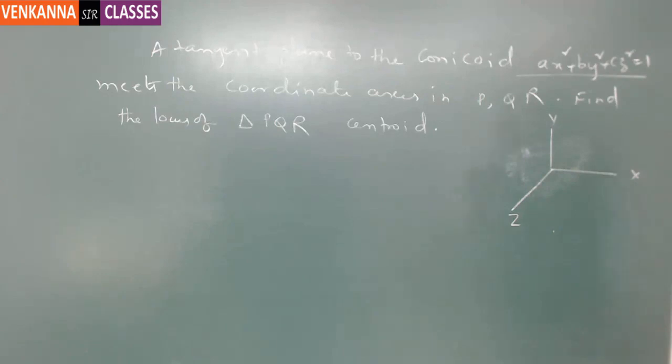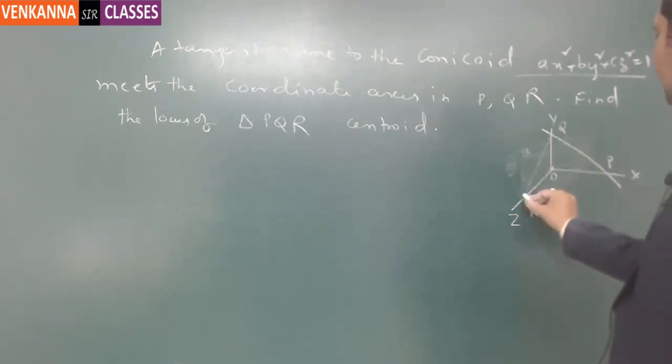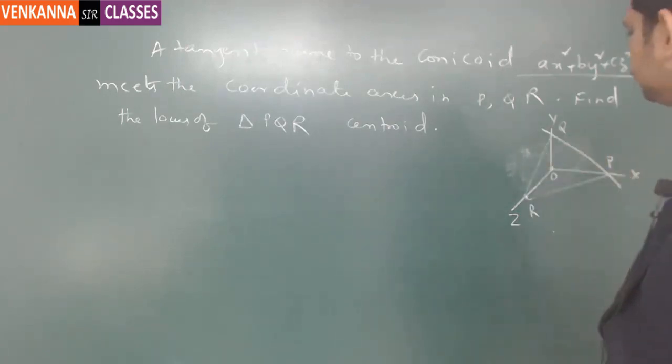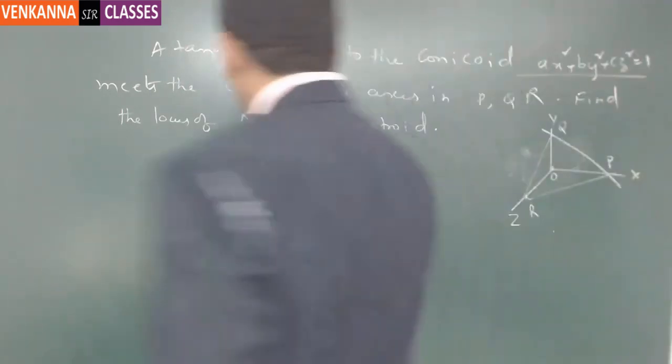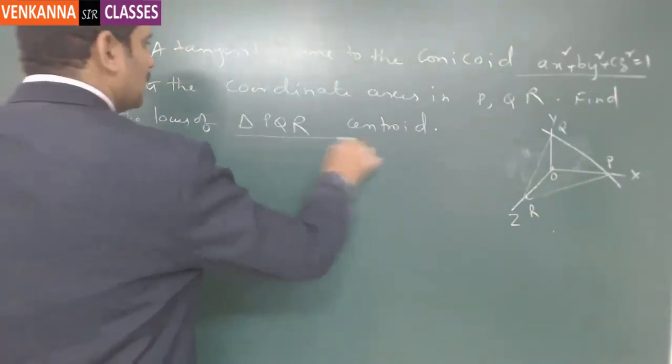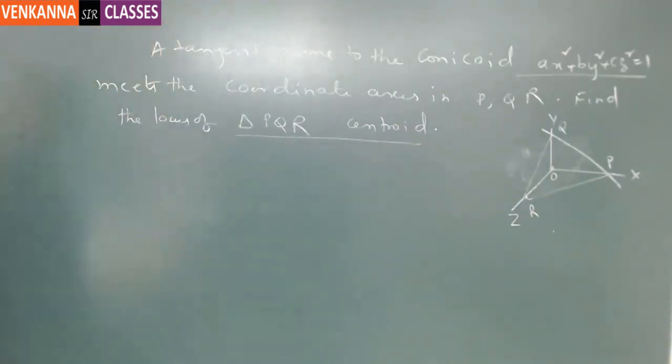For this conicoid, I have considered the tangent plane to it. And the tangent plane meets the coordinate axes at the points P, Q and R. So obviously, you will get the triangle PQR. So you have to calculate the centroid locus for it. The general question as we did earlier.